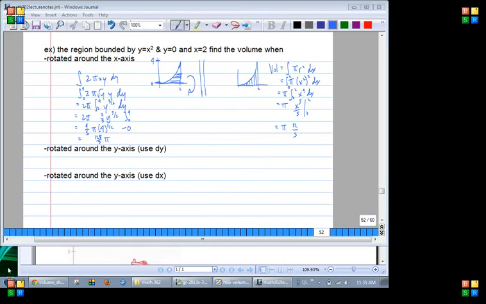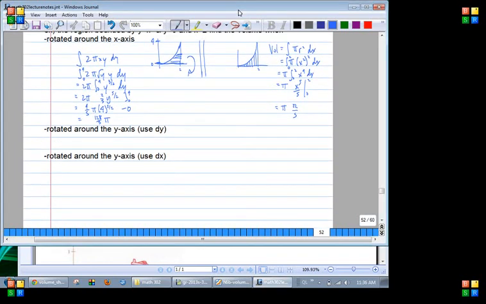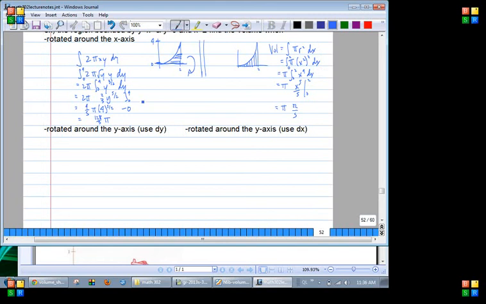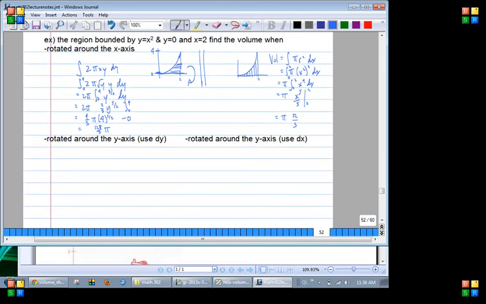So in similar fashion, we can take this region and rotate it around the y-axis. So when we rotate it around the y-axis, once again, there are two different ways to do this. So, let me actually do this. Okay.